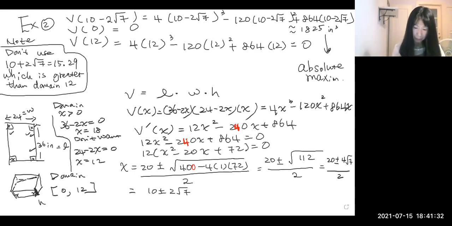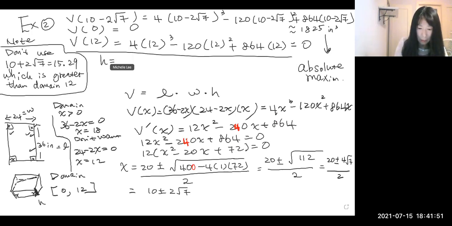So this is the X value, right? When X equals that. So X equals the height in this case. So height was 10 minus 2 square root of 7.